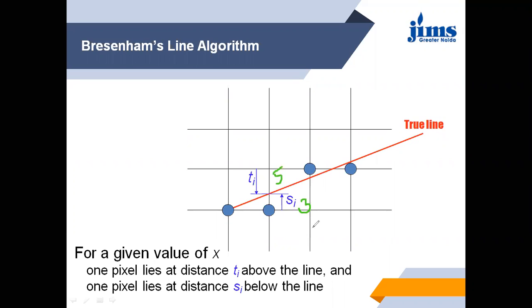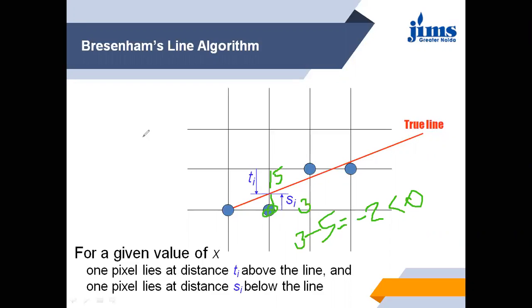Then 3 minus 5 is minus 2, which is less than 0. So from here we can say that this is 3 and this is 5, so it is nearer to this pixel, and we have to glow this pixel.